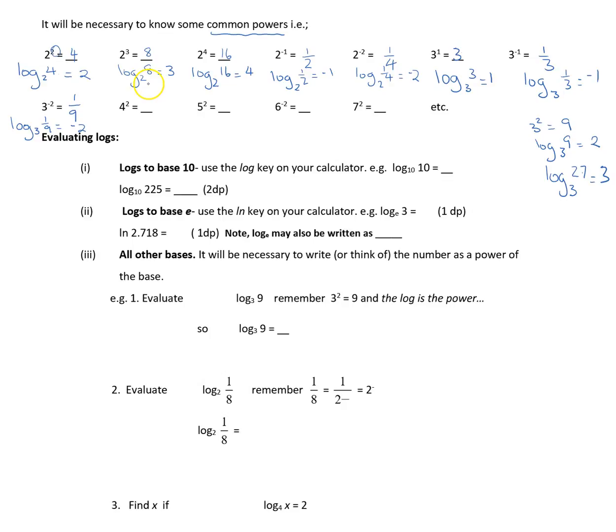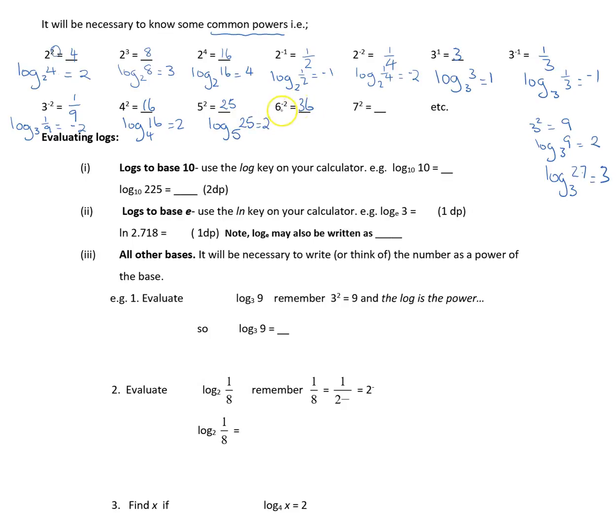Moving on to base 4, 4 2s are 16. We did this one before. Log of 16 to base 4 would be a 2. So when we're talking base 4, 16 is a common number. 5 squared is 25. So log to base 5 of 25 is again 2, the power to which the 5 needs to be raised.